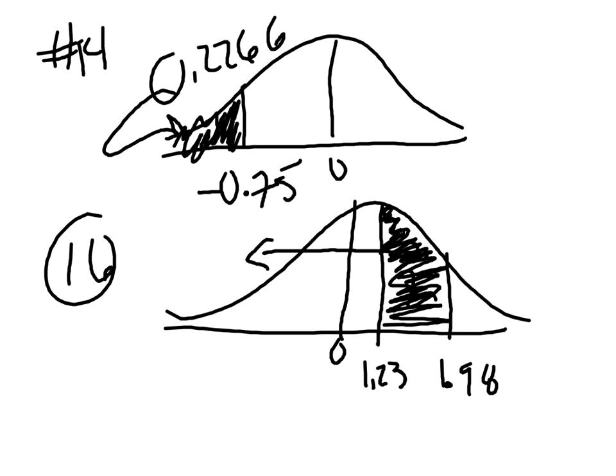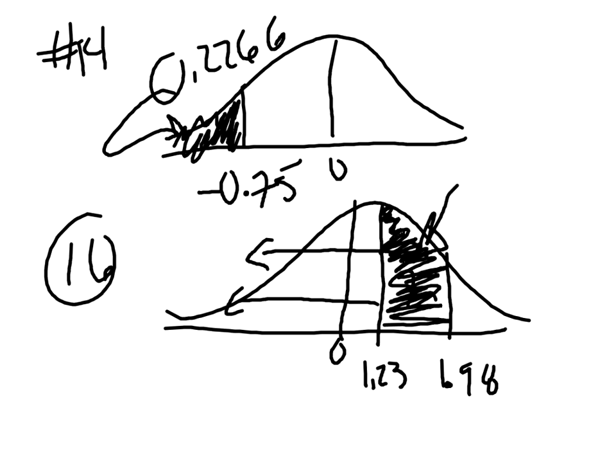That gives us all the area to the left of 1.98, and it should make sense if we subtract the area to the left of a z-value equaling 1.23. Remember, the area to the left of 1.98 is going to be greater than the area to the left of 1.23, and that difference will indeed be the area that we're looking for.